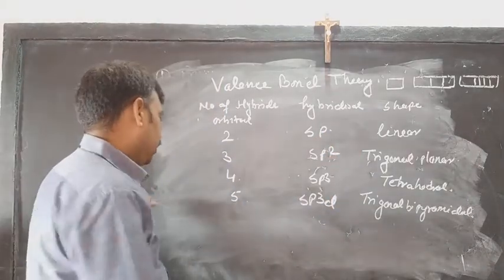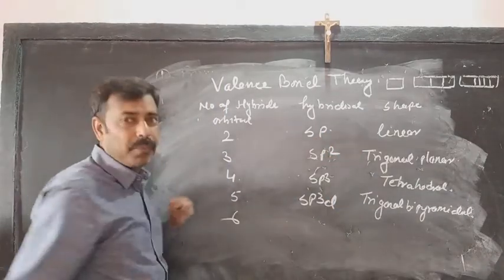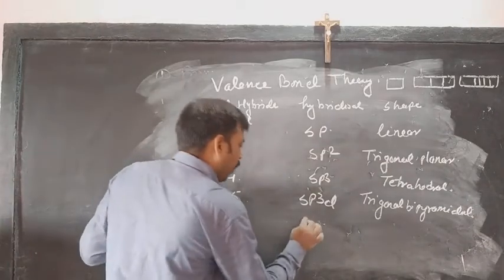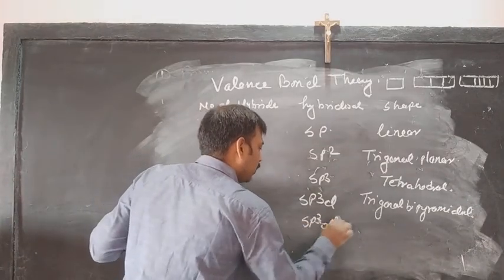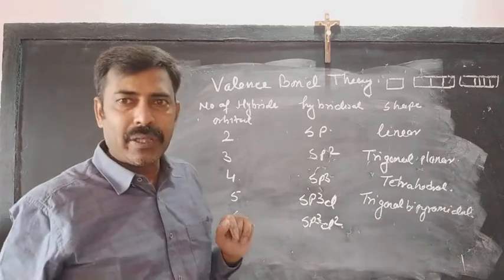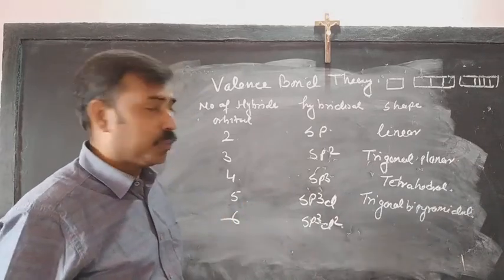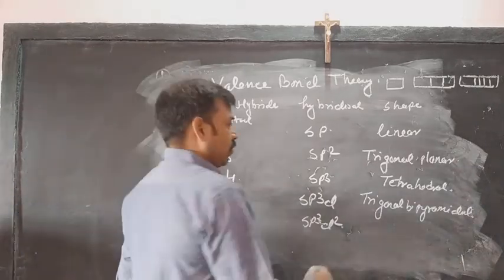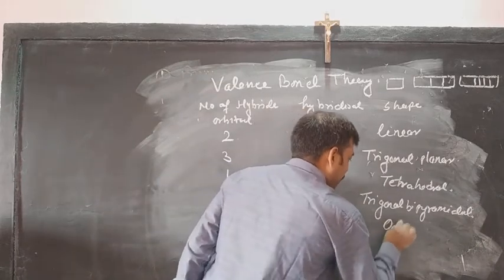Now we are seeing the 6 hybrid orbitals. When the number of hybrid orbitals is 6, what will be the hybridization? sp3d2. You know how we find the hybridization. And in this case, sp3d2, the shape will be octahedral.